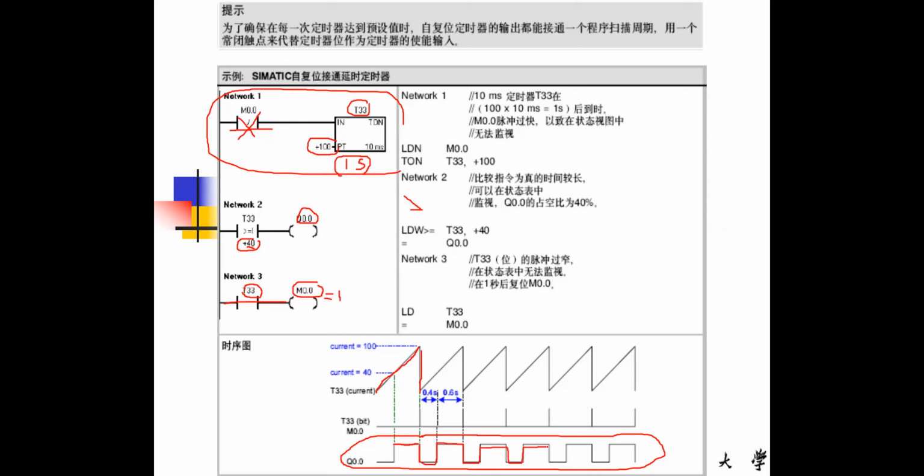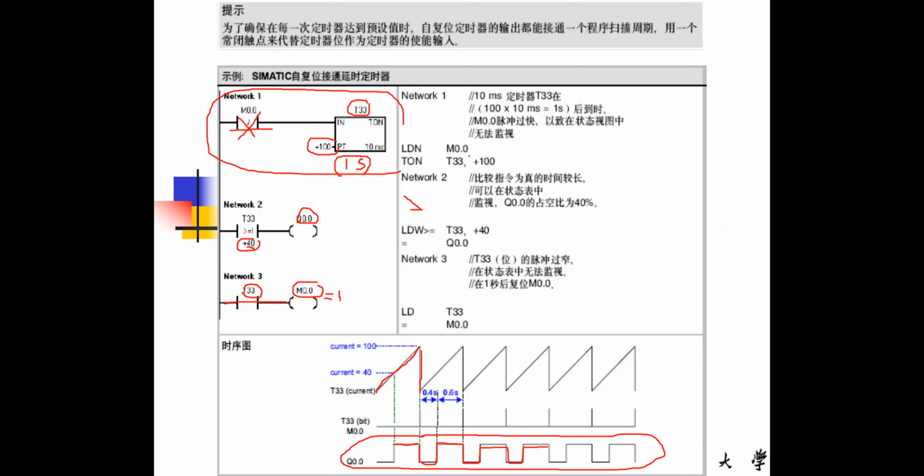This is what I told you in this course, about the experience method for designing a PLC.